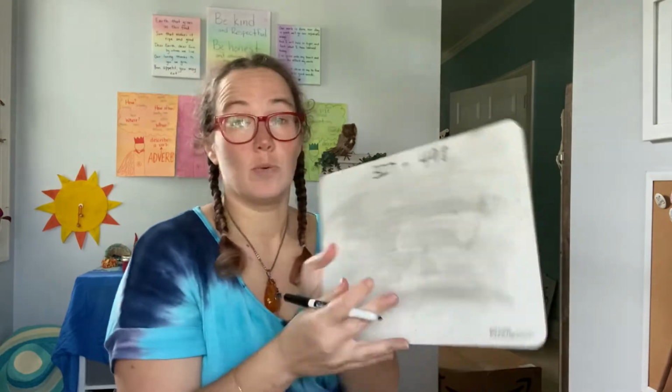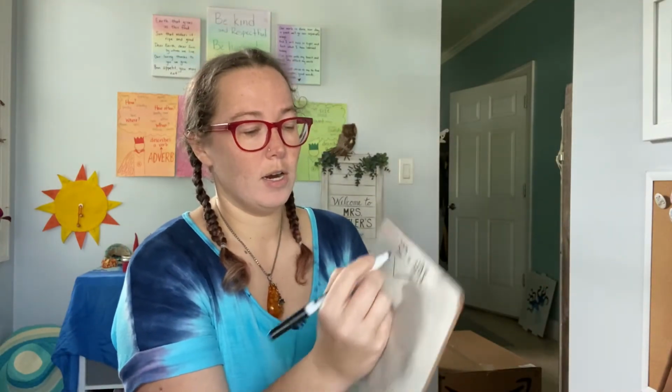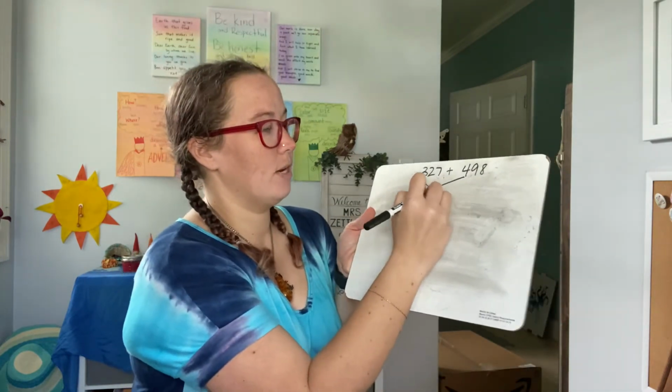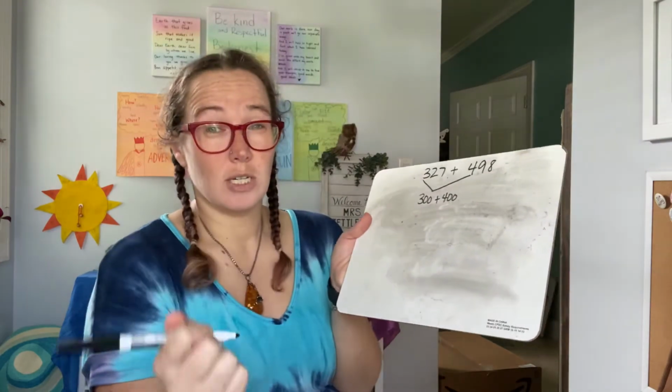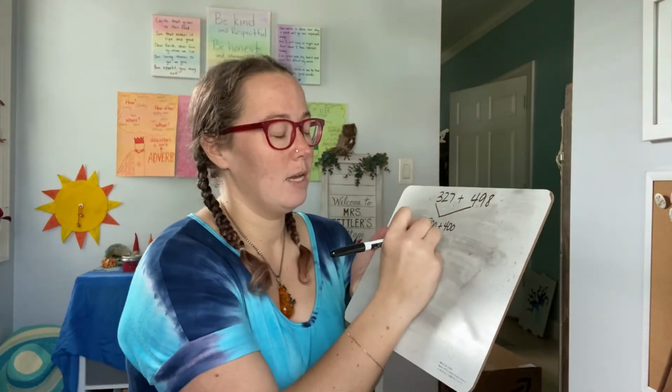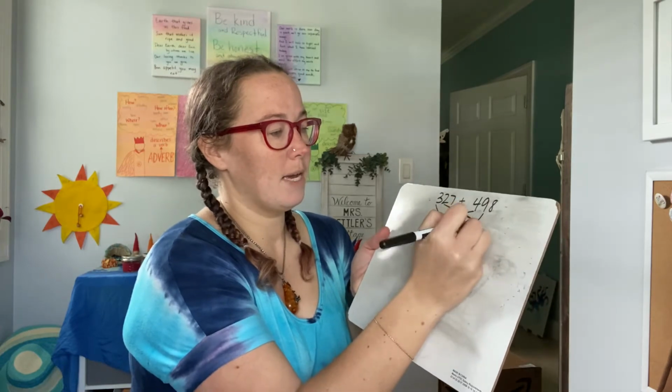Next strategy. Same number, 327 plus 498. All right, so we can do it this way. Let's pull our hundreds down here. So we can add 300 plus 400. This is sort of a different way to do what we just did. So that's going to give me 700. I'm going to pull my tens here.